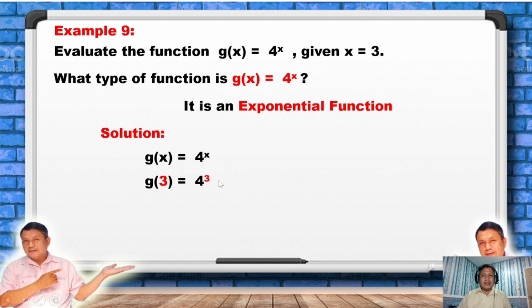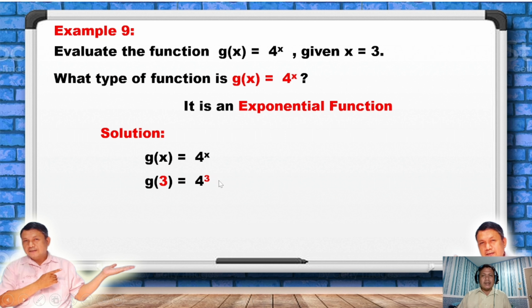These examples are becoming a bit complicated, since sometimes other terms are added to the exponent. So, solution number 10: h of x is equal to 5 times 3 raised to the x plus 1. Which one do we replace? The x. We replace x with 2, so h of 2 is equal to 5 times 3 raised to the 2 plus 1.